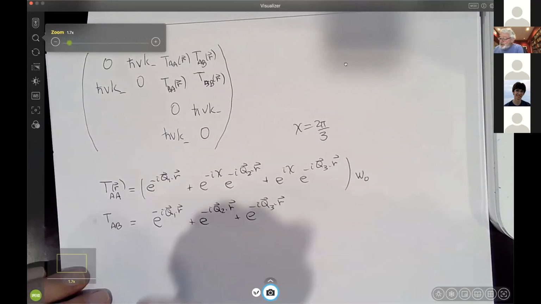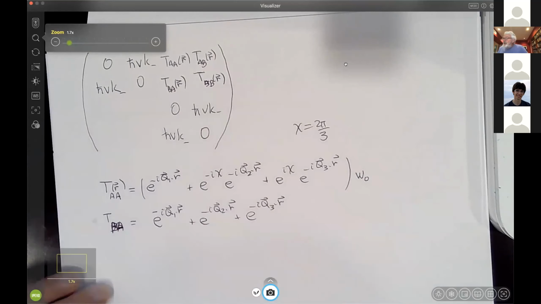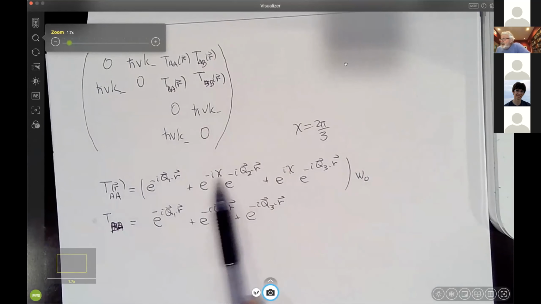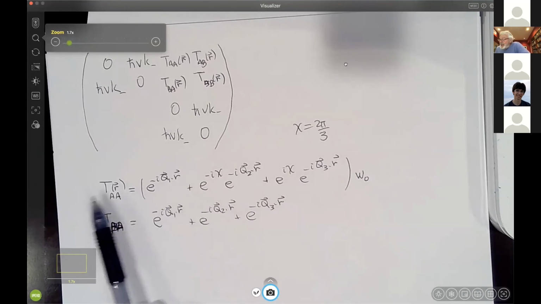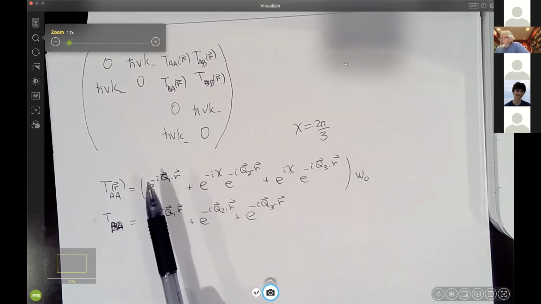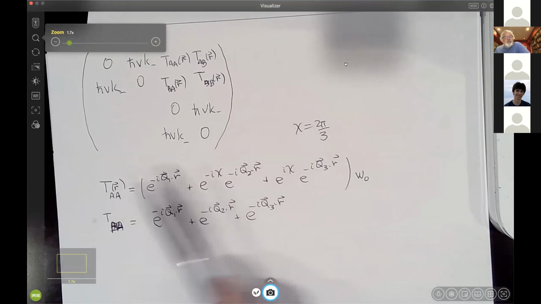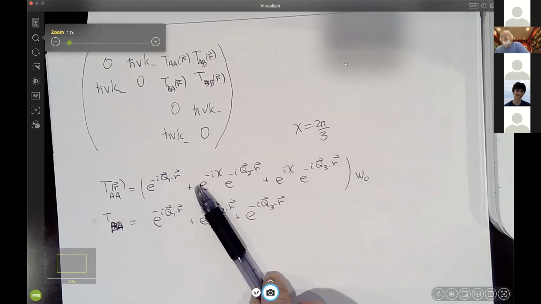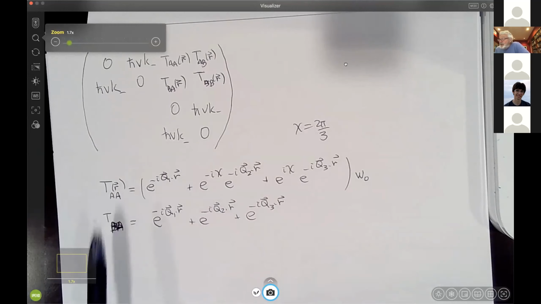I guess in the notation I used before, this should be TBA. So you can see with chi equal 2 pi over 3, r equals 0 will give TAA equals 0. For r equals 0, this is 1 plus twice cos 2 pi over 3, which is 0. And that's because I've chosen the origin of coordinates for writing this down to be local AB stacking between the bilayer. So TAA is 0, TBA is 0.